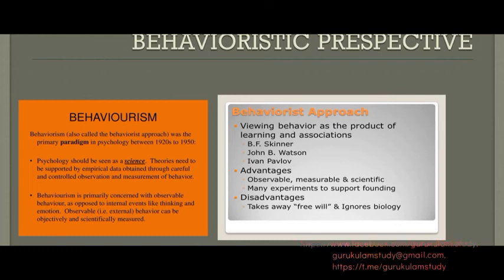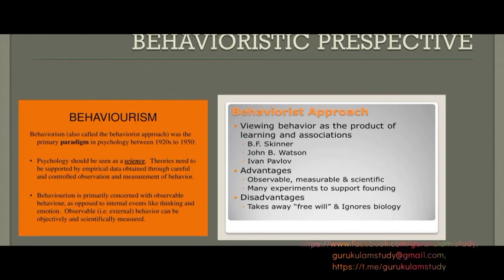Observable behavior can be objectively and scientifically measured. The psychologists who have this approach were B.F. Skinner, John B. Watson, Ivan Pavlov. Then advantages of it: observable, measurable, scientific, many experiments to support findings. Then disadvantages: takes away free will and ignores biology.